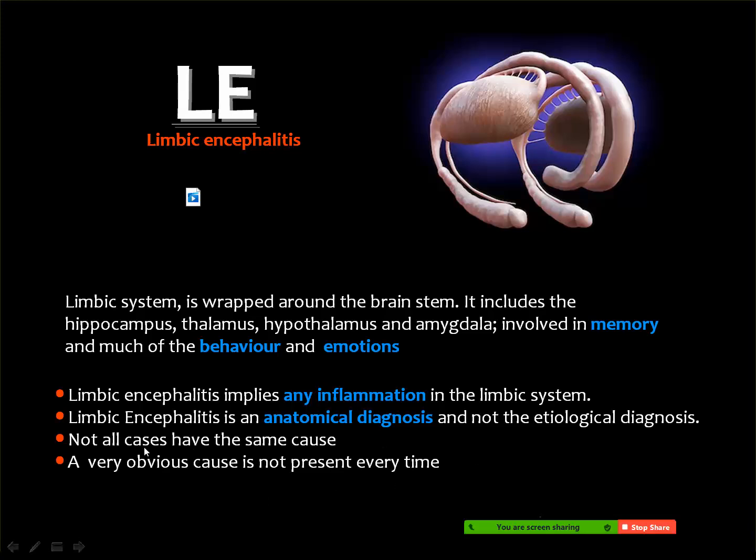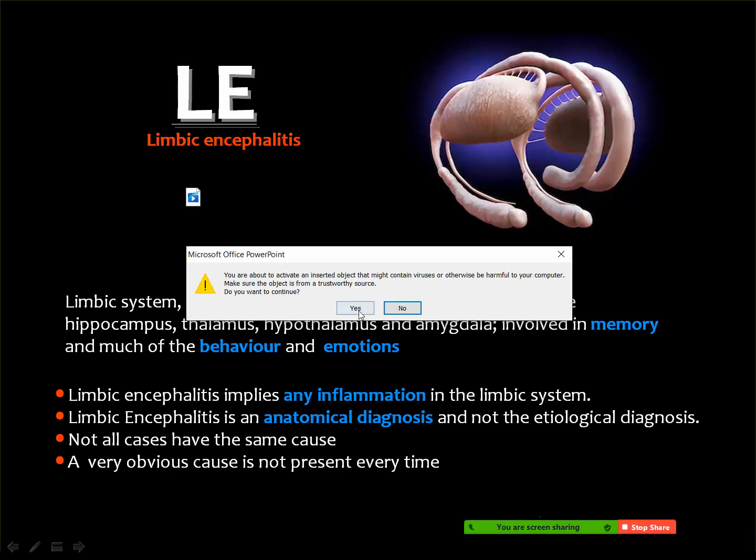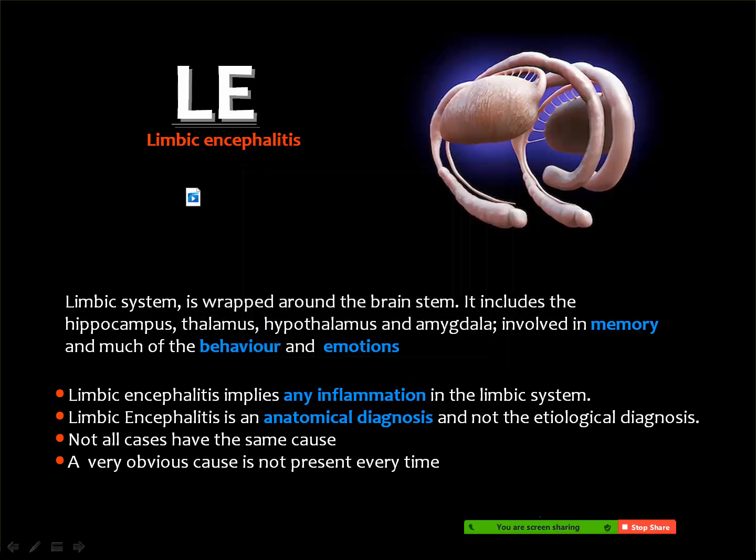And in all cases, they do not have the same cause, and in many cases, you cannot know the exact underlying cause. And this video, I'm not sure that you can see it through the Zoom facility.